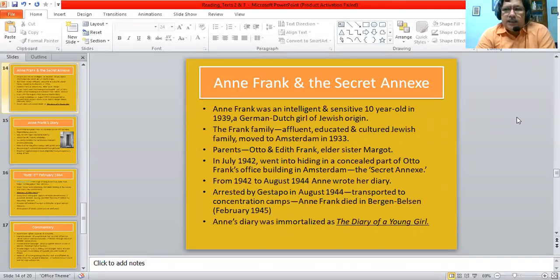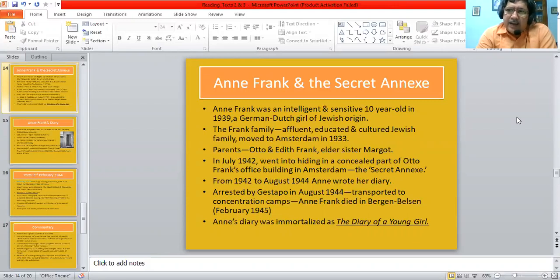The whole episode ended with the sudden arrest by the Gestapo, the German police, in August 1944, when the Franks were transported to concentration camps. And Anne Frank died in the camp of Bergen-Belsen in February 1945 of consumption.